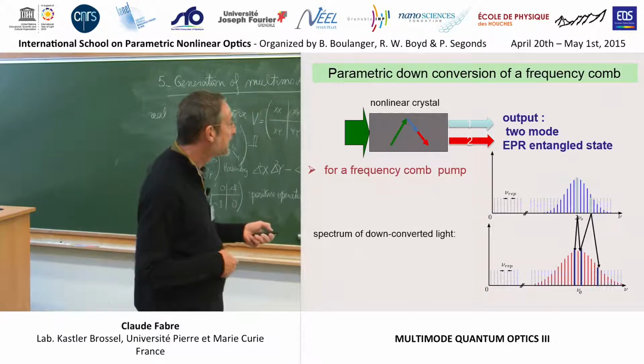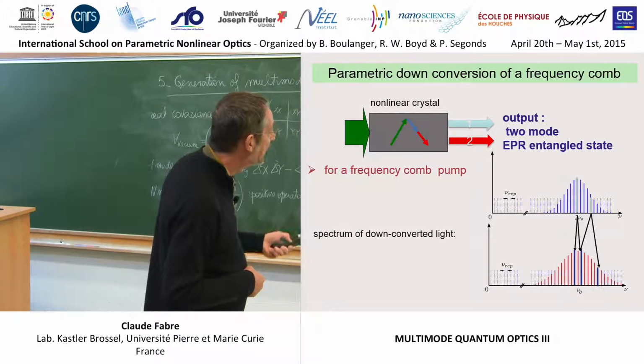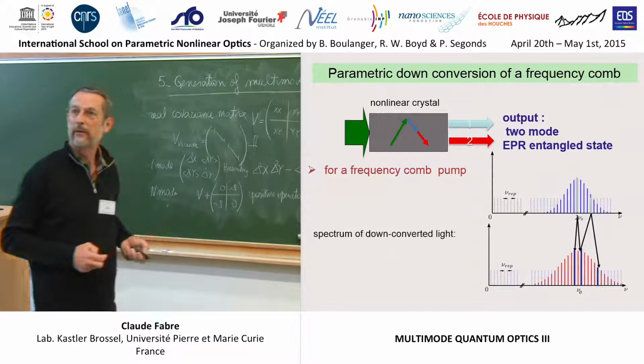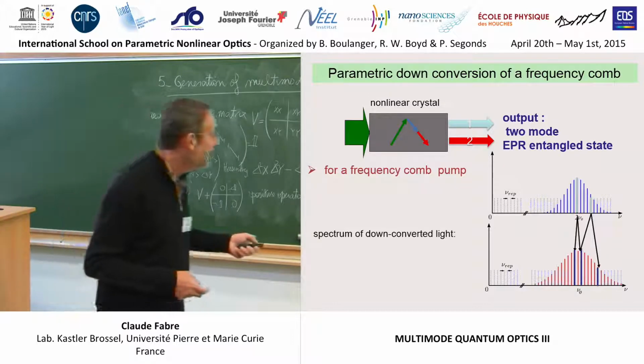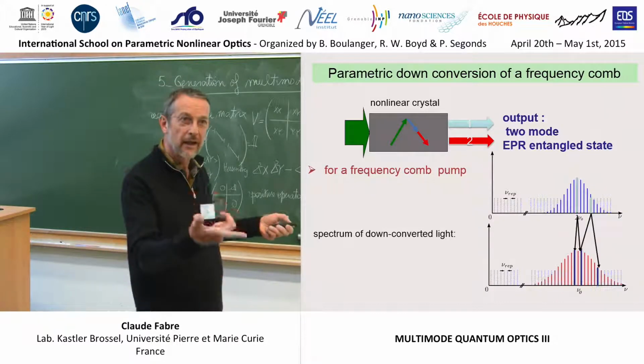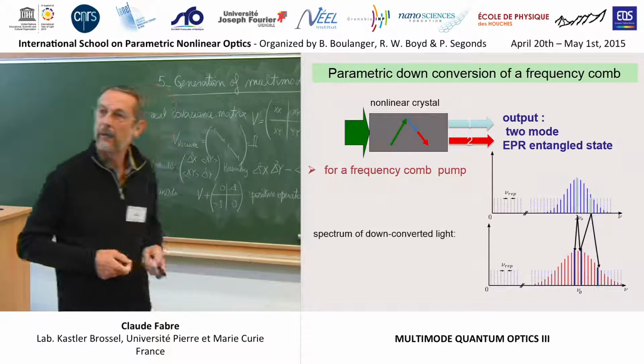But this component of the pump will entangle, for example, the same here and another one which is symmetric with respect to that. Okay, so any couple of frequency components here will find a partner which is able to create entanglement between these two.